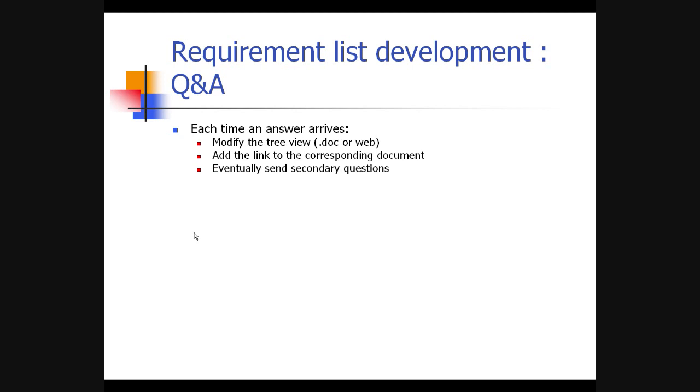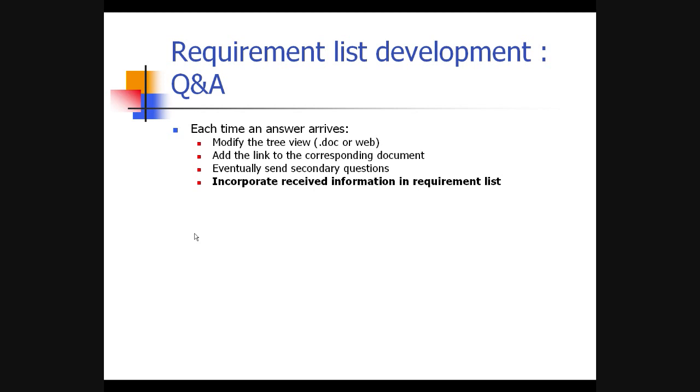Eventually send secondary questions, and of course incorporate the received information in the requirement list. You are managing this list of question and answer as a management tool. It's not your ultimate document. Your ultimate document is the requirement list, and the requirement list should contain absolutely all information about the project.